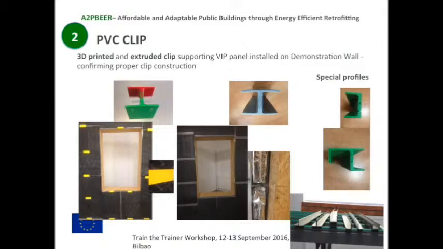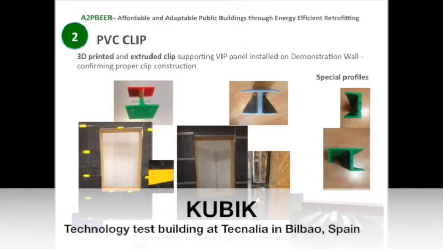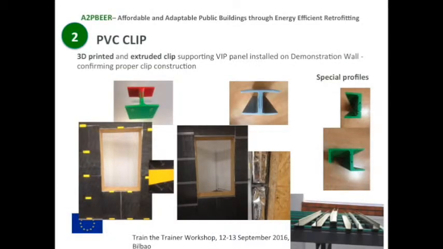The clips are 3D printed and extruded clips to support vacuum insulation panels on the demonstration wall, and Bergamo has developed different types of clips until achieving the best one. So now the clip has been improved, and now is a good one.